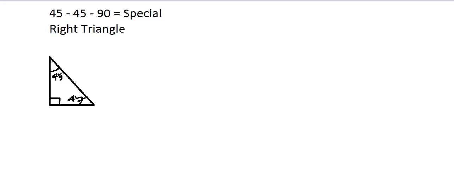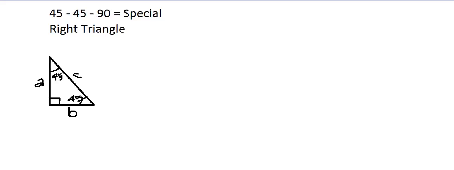Now, if you do remember, in our Pythagorean theorem, we discussed the different sides here. So this is our C, this could be our A, and this is our B. A and B can be interchanged, it won't matter.